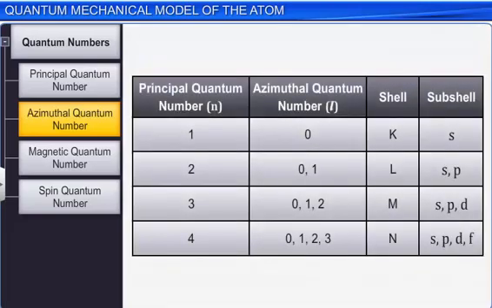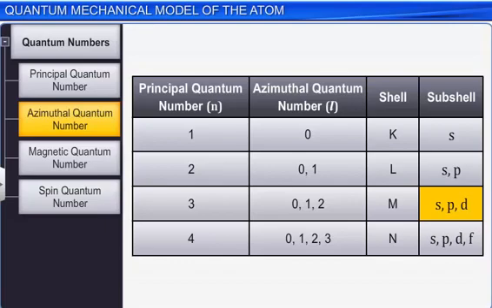Thus, the subshell in the K shell for n equal to 1 is s. In the L shell with n equal to 2 are s, p. In the M shell for n equal to 3 are s, p, d.